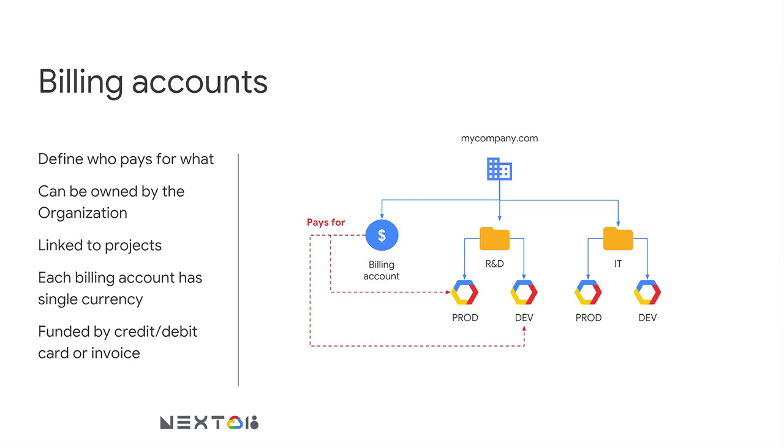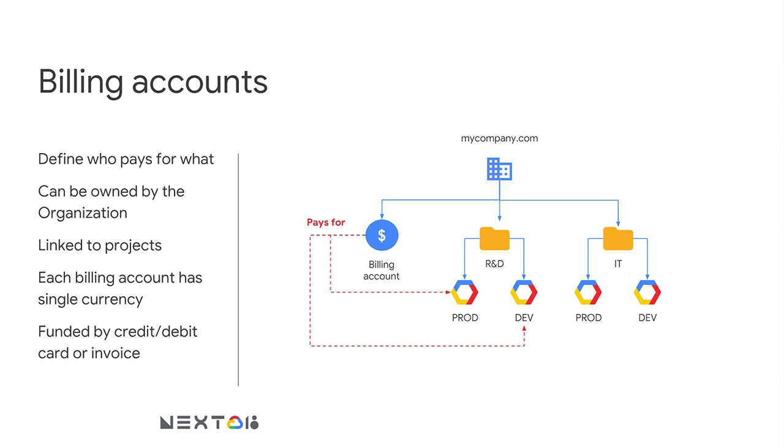We mentioned billing accounts, and billing accounts can be part of the organization like any other resource. There are dedicated IAM roles to control billing accounts. Most commonly, companies only have a few selected individuals who can open billing accounts, and mostly from the finance department. Billing accounts are linked to projects, and the link determines the pays-for relationship.